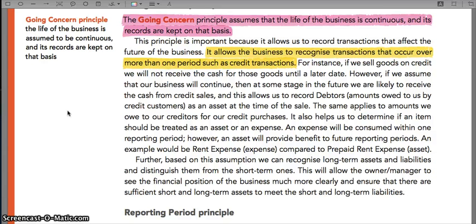Therefore, we can recognize those credit transactions. If we assume that the business is going to continue, then at some stage in the future, we're likely to receive cash from these credit sales. So this also allows us to recognise debtors as the amount of money that a credit customer owes us, and obviously because it's going to give us a future economic benefit, we can recognise that as an asset.